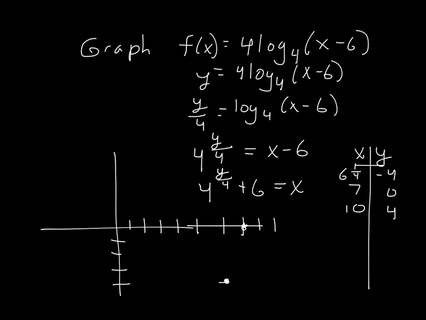And then 8, 9, 10. 1, 2, 3, 4. Uh-oh. Now I'm off in this area. But we kind of have our idea here. We know that it's going to go something like this.